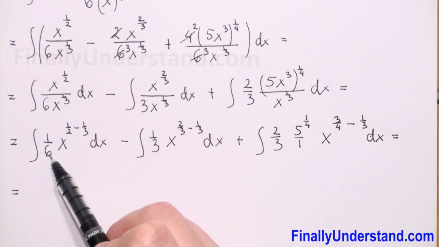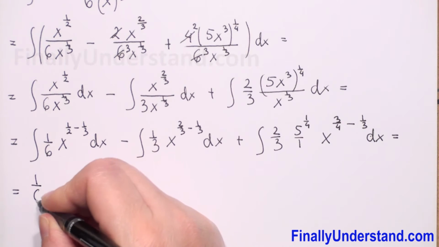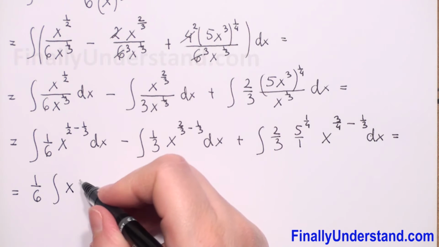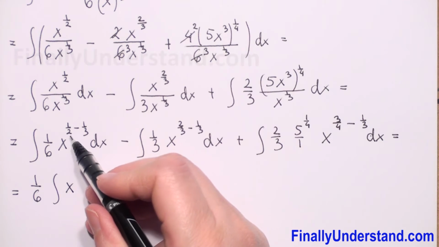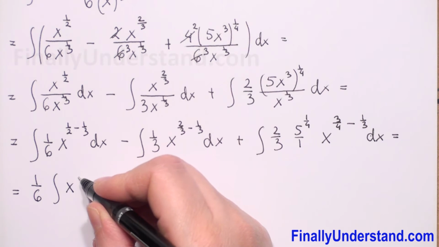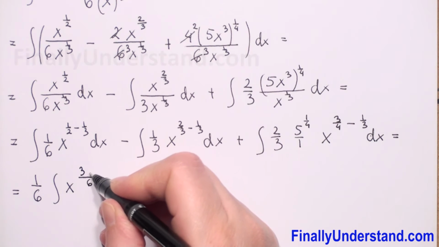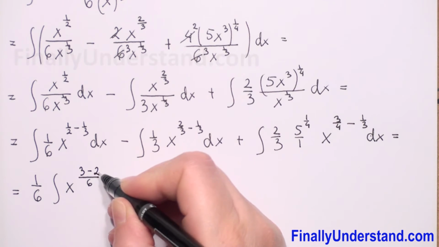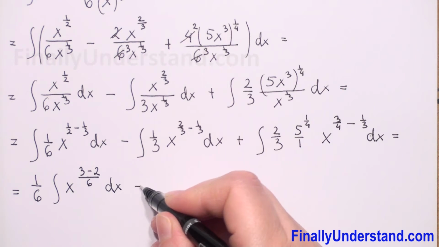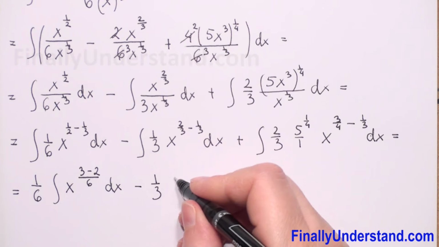We can take this constant before the integral symbol, so it will be 1/6 integral of x to the power. We have to have the same denominator when we subtract fractions, so the numerator will be 6, and it will be 3 minus 2, dx, minus 1/3, we can take before the integral symbol.